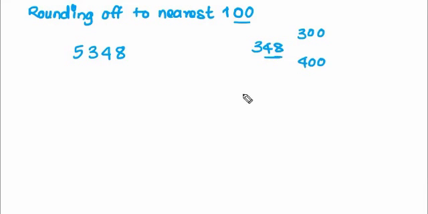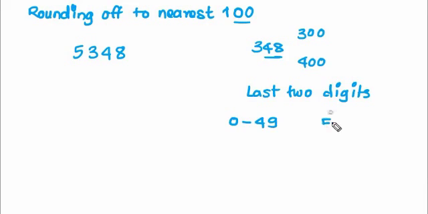Hence our rule will be related to the last 2 digits. So between 0 to 49 and from 50 to 99. 0 to 49 will go lower and 50 to 99 will go higher.